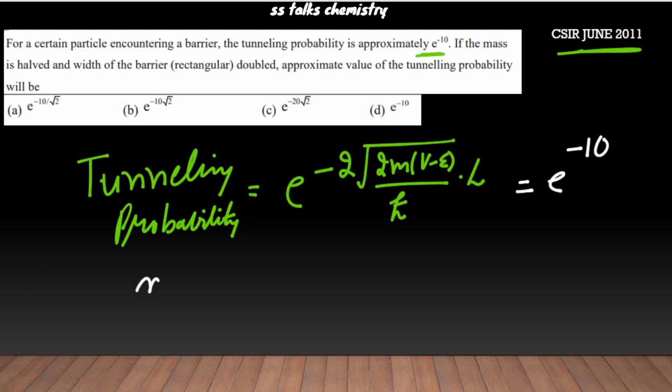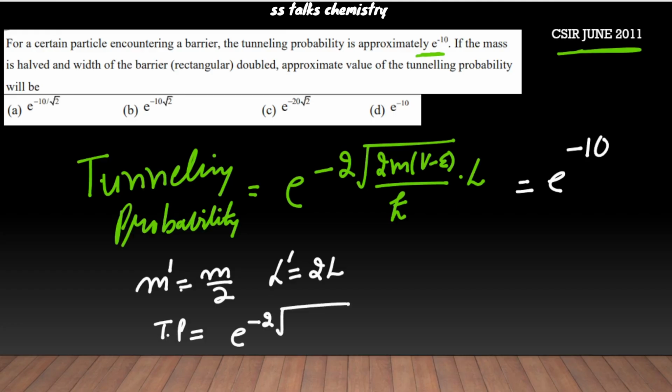Now a new mass, suppose m dash, is half of the previous one, and the length that you have is twice of the previous one. So now the new tunneling probability is going to be e raised to the power of minus 2 under root of 2 times m dash into (V minus E) upon h cut into L dash.